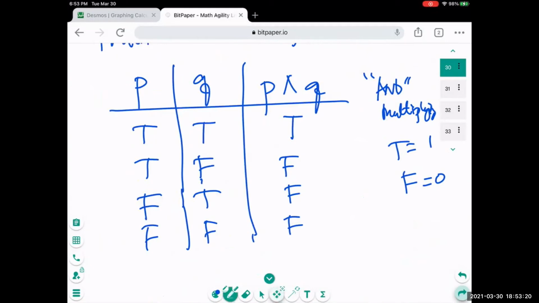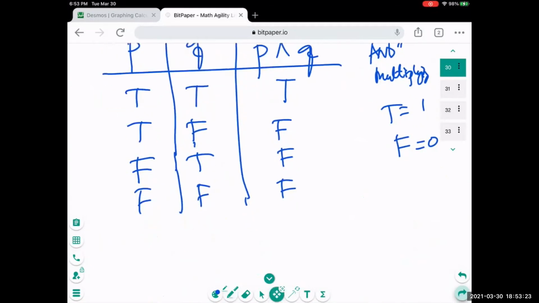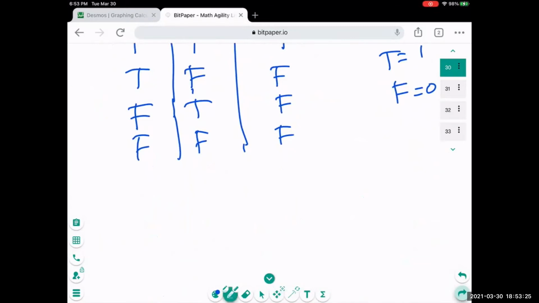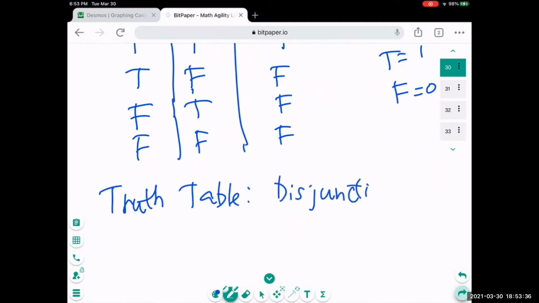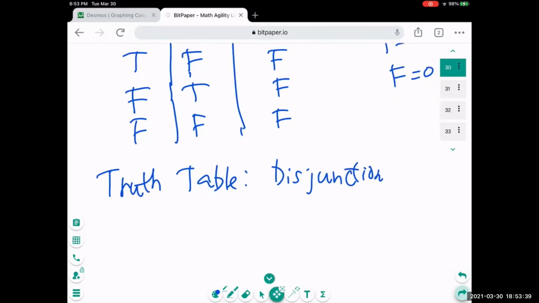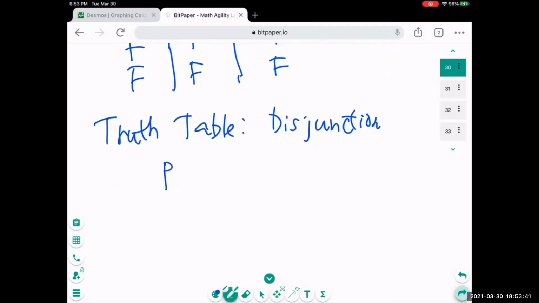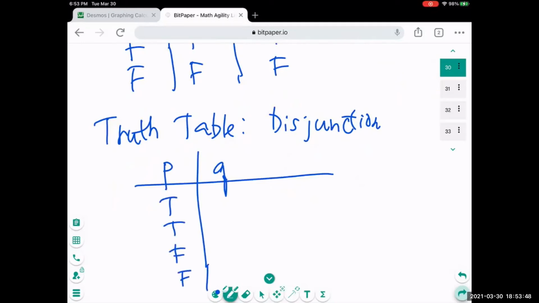Now, let's derive the truth table of disjunction. So, truth table of disjunction. Let's again write the values of P and then Q. Same thing: true, true, false, false. And then Q alternates: true, false, true, false.